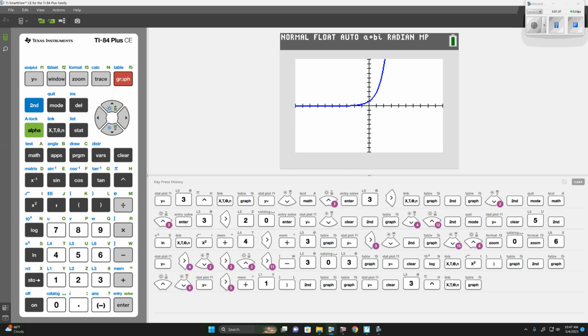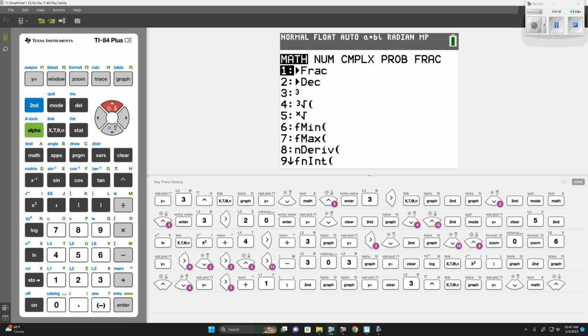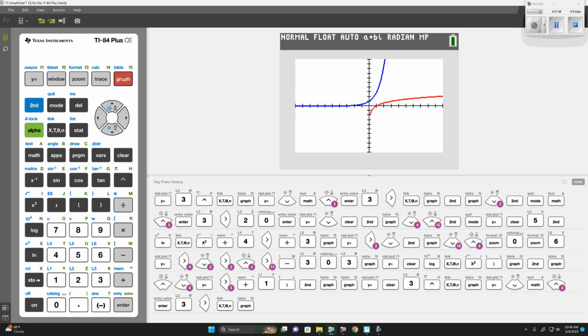That is not the same with logarithms. So if we look at math, log base 3 of x, and we hit graph. Well, at the graph, we can see it starts at the y-axis. So the smallest value of x that we can have for log base 3 of x is 0.